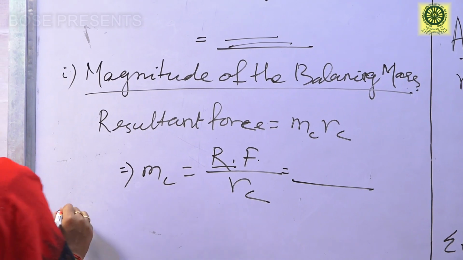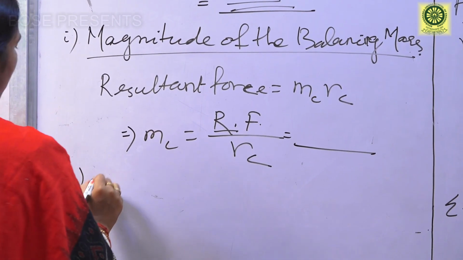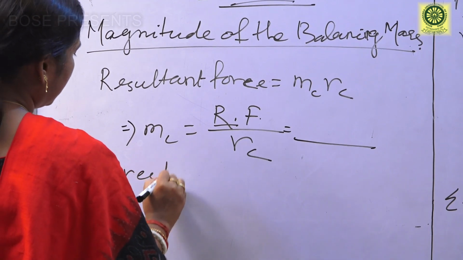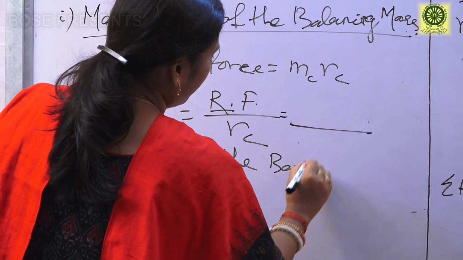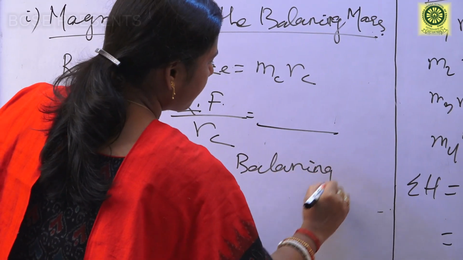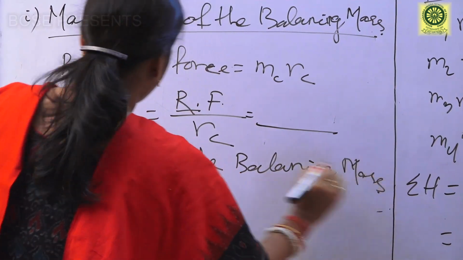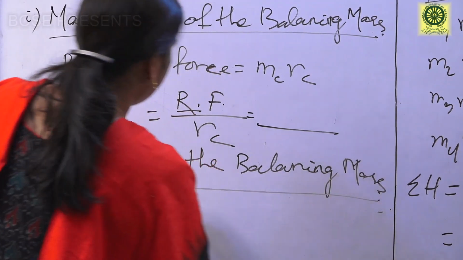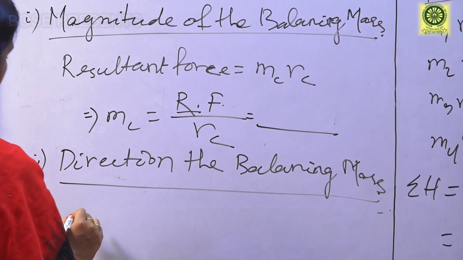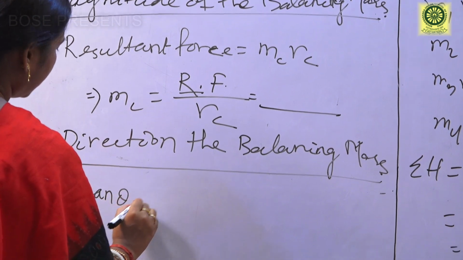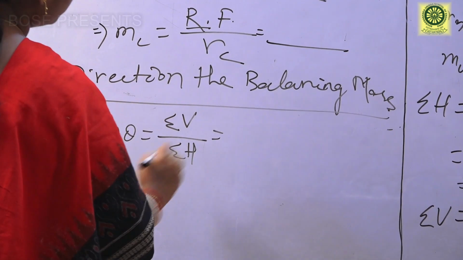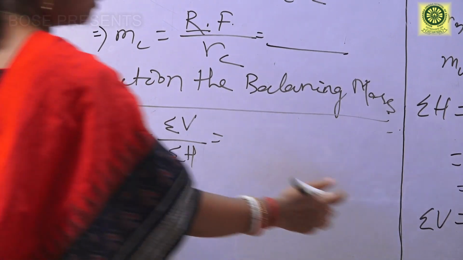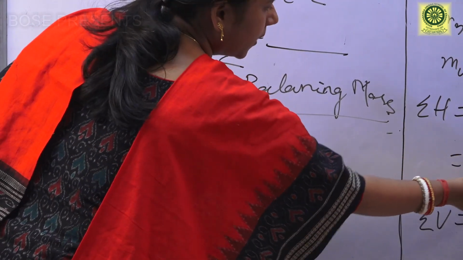Okay. In the second bit, you have to find out the direction of the balancing mass. So to find out the direction of the balancing mass, you have to put tan theta equal to summation of vertical divided by summation of horizontal. The vertical value you have calculated here and the horizontal here.